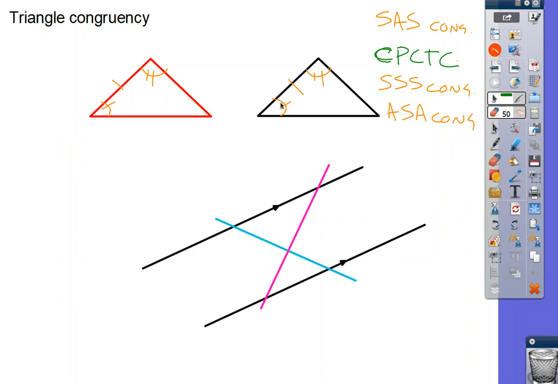Finally, we also have angle, angle, side. So angle, angle, side. Also, you could say side, angle, angle, same thing. Congruency is the fourth.